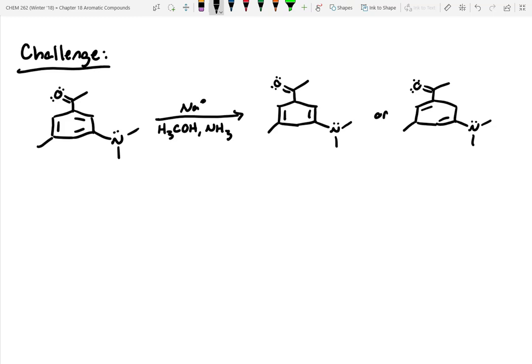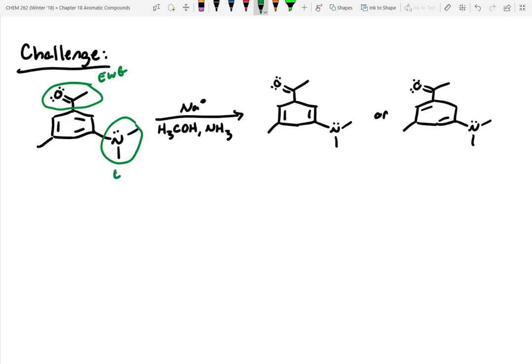All right, so before we do the mechanism, let's identify the groups as electron withdrawing or donating. So for example, up here, what is that again? Okay, so I'll just write EWG for electron withdrawing group. All right, what about this one over here? Donating.